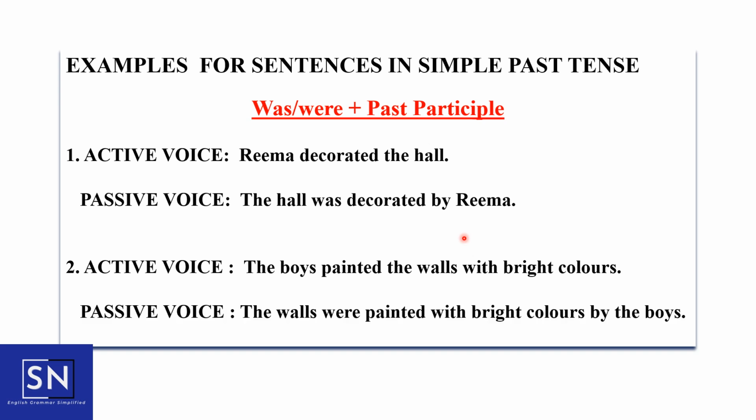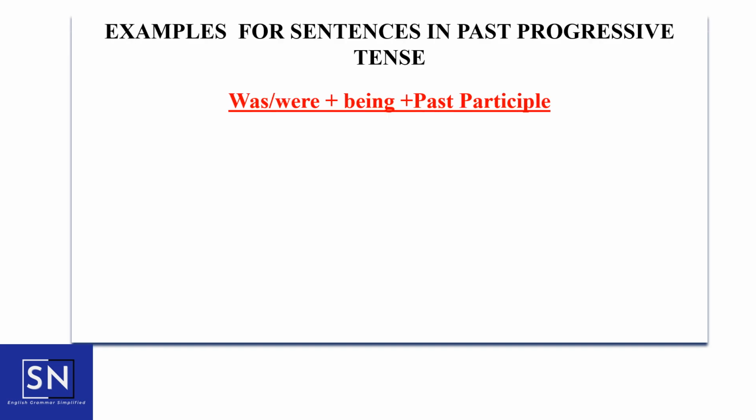Absolutely, were, because walls is in plural form. So you're supposed to use were as an auxiliary verb. So now the answer is: the walls were painted with bright colors by the boys. Hope you understood. Let's see one more tense.